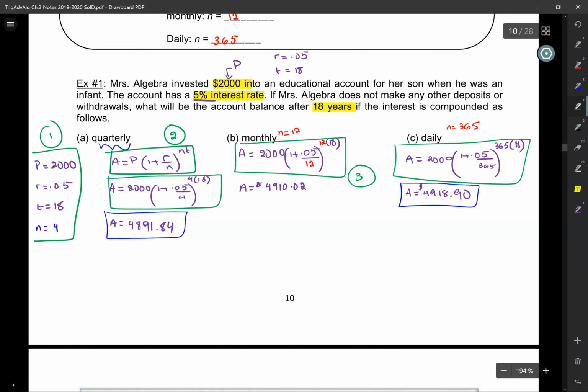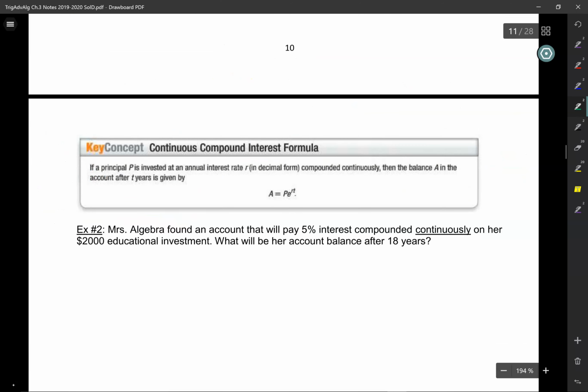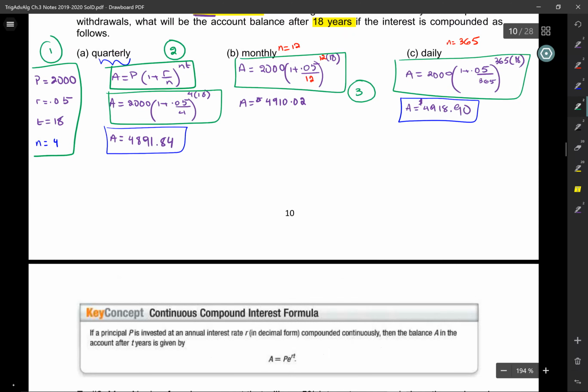So, if it's an ABC, right, you can write number 1 one time. You can write number 2 one time. But this, individually, it has to show up every single time, and then obviously the final answer. That's if you want credit. Now, if you're just doing it for the fun of it and you don't care if you get credit, then that's up to you as well. Okay? All right.